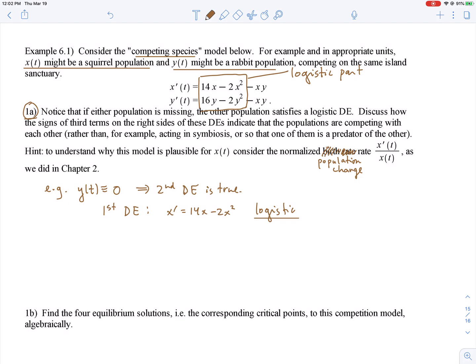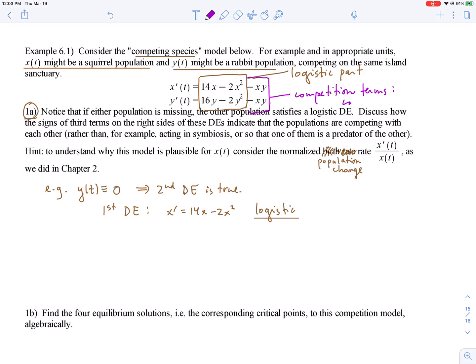The fact that the coefficients are -1 for each of those terms is just to make the algebra easy for us. But these last terms are the competition terms. It indicates that probably x and y are competing for the same resources or something.